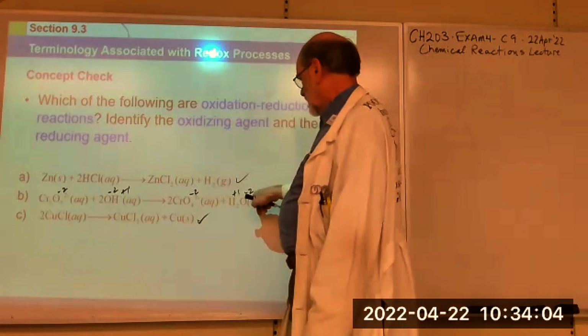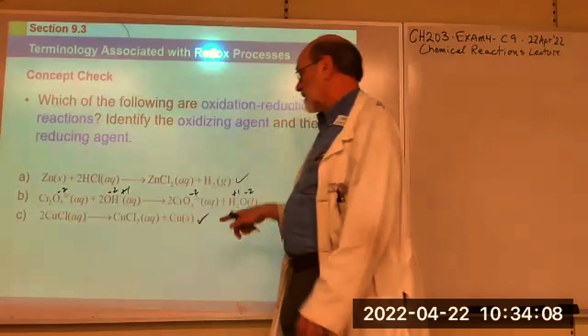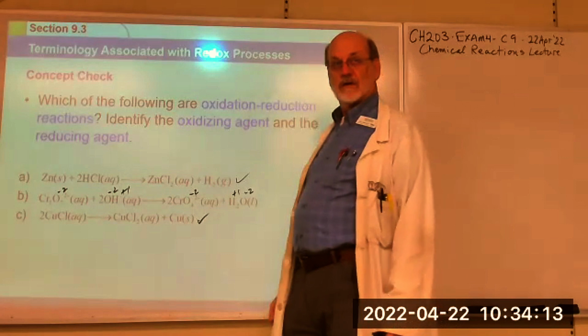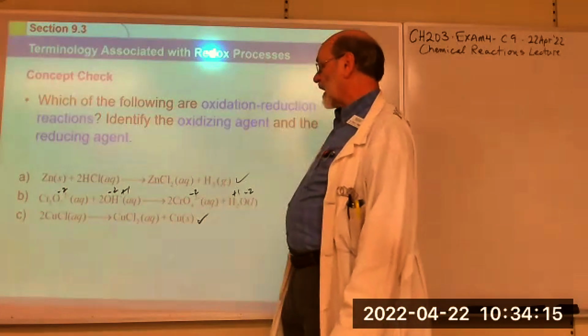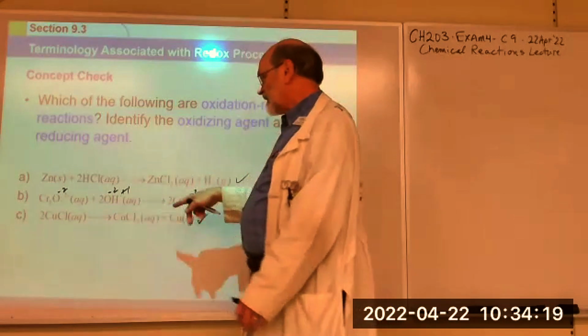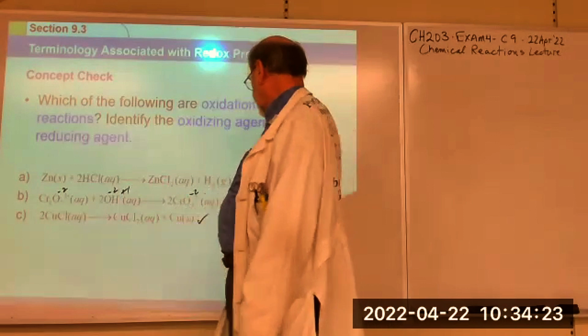Because if chromium changes its oxidation state, where are the electrons going? There's nowhere for them to go. Now, sometimes you do get oxygens and hydrogens changing their states. But in this case, no, they're all constant across it.